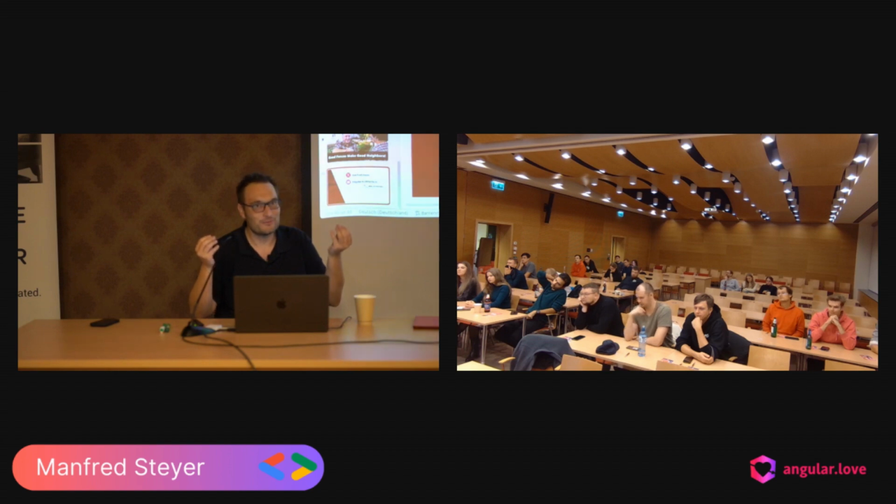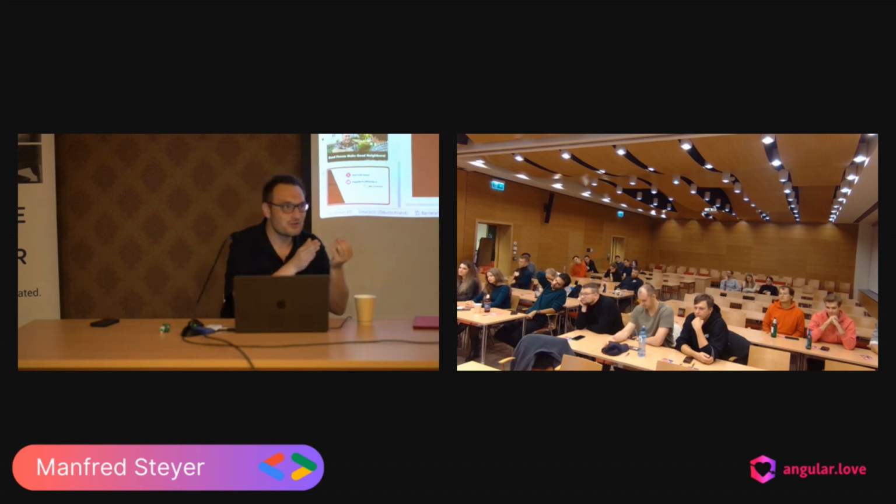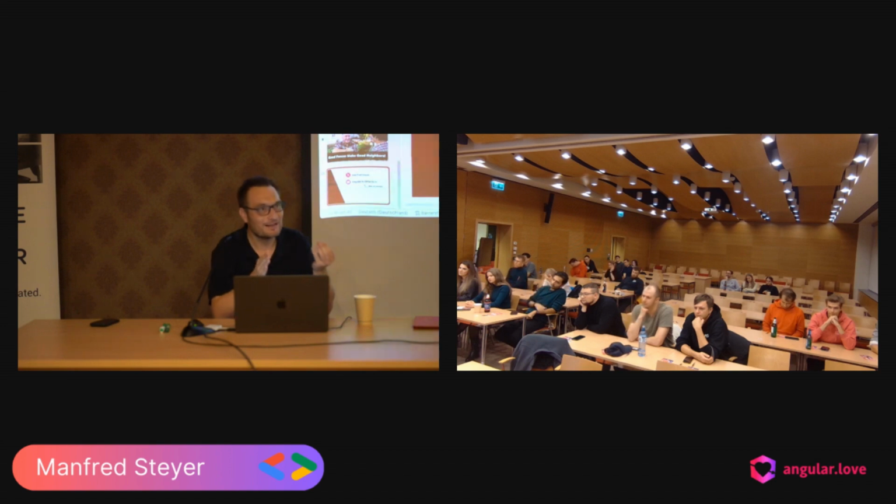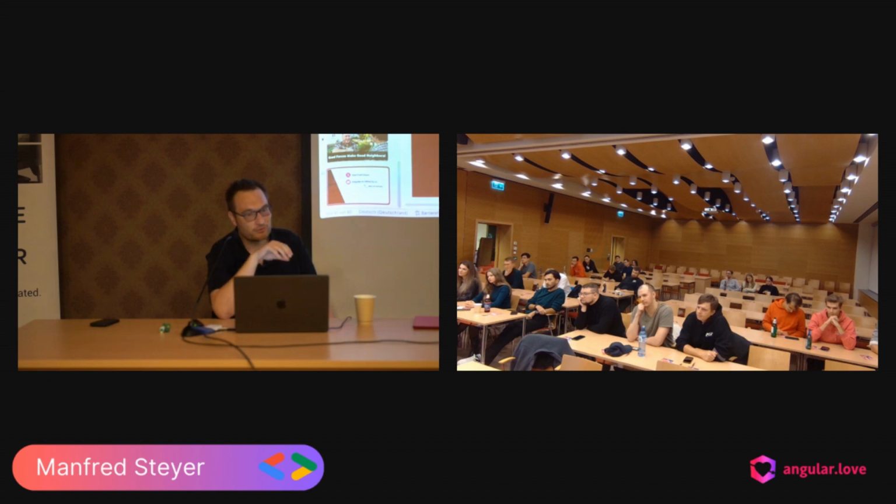So we need to find a good position somewhere in the middle that suits our needs, that is minimizing the pains, because we always have pains. So what I would recommend is to discuss those cases in the team.